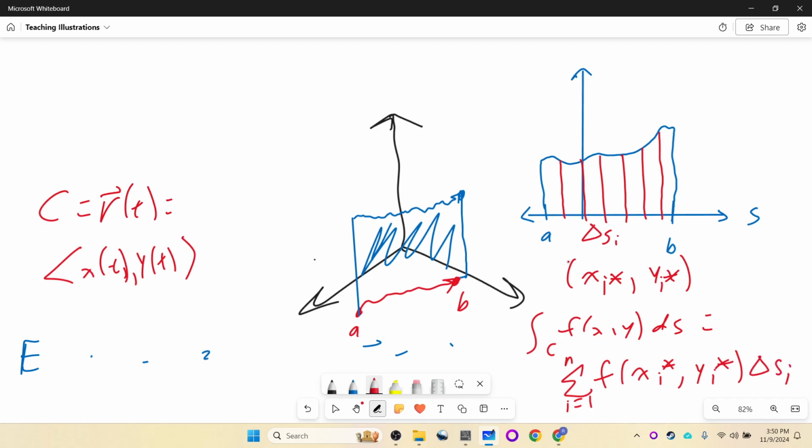That is when we have exactly n of them, and then we would take the limit as n goes to infinity. So it's really no different than an integral in Calc 1. It's just that we are traveling along a twisted path instead of a straight line, so we have to be careful to take account of that. So how would we do that?